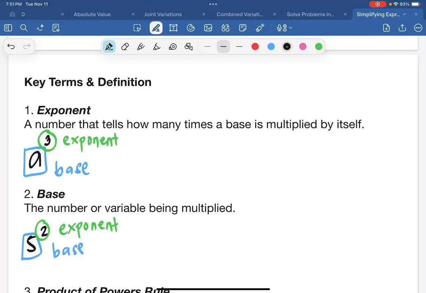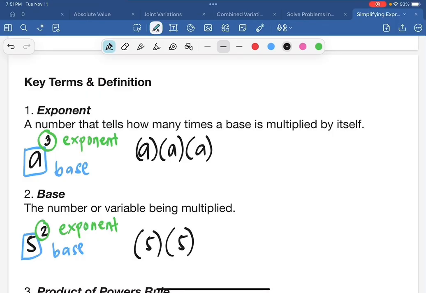Which only means that if you're going to expand a cubed and 5 squared, it would look like this. For a, we have a times a times a. For 5, we have 5 times 5.